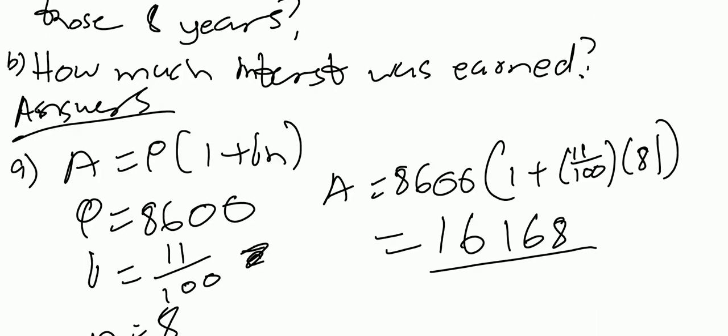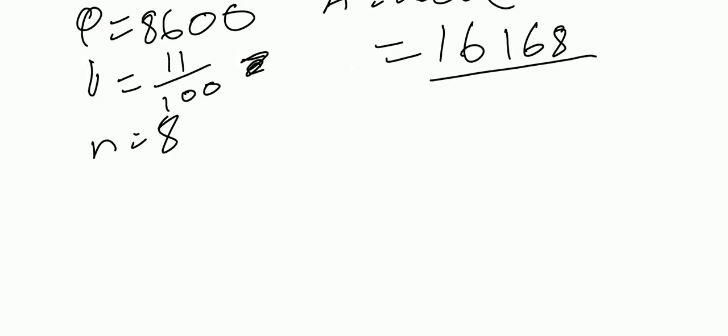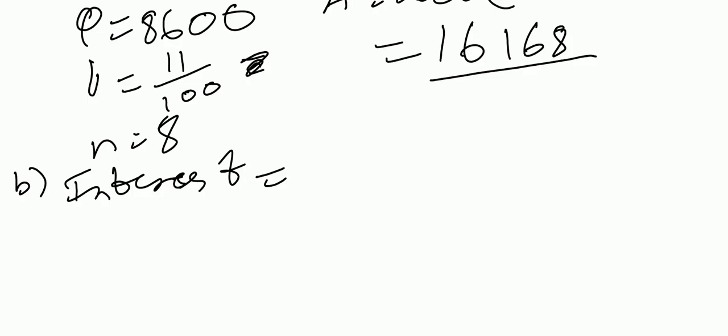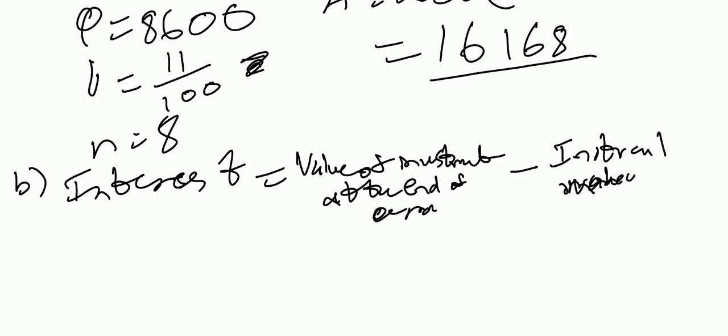The next question says, how much interest was earned? So remember, when we invest, we want to earn what? Interest. So in this case, they are asking us how much interest was earned. So we can say interest is equal to the value of the investment at the end of the period, subtract the initial money invested.